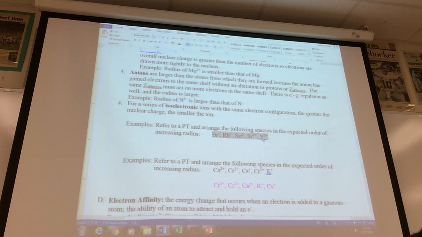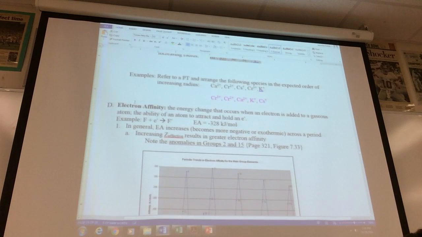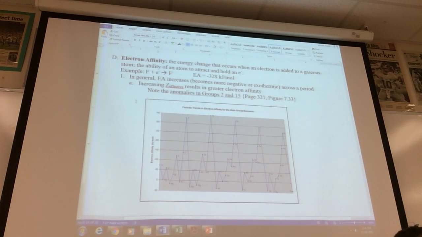So what you'll find here is yttrium ion is the smallest, then strontium ion, rubidium ion, then bromide ion, then selenide ion. So the more negative, the larger; the more positive, the smaller. And again, I don't think you'll see that. I wouldn't sweat it.